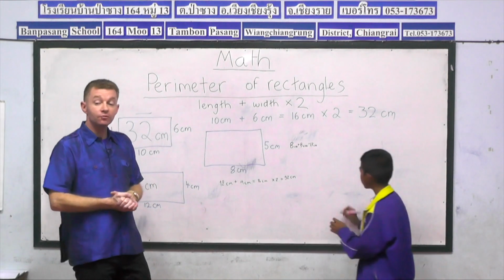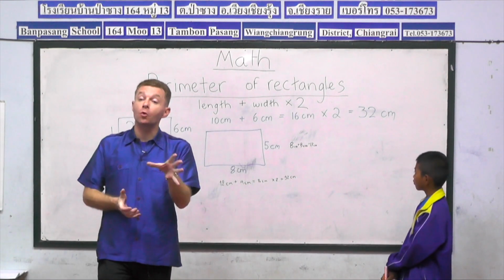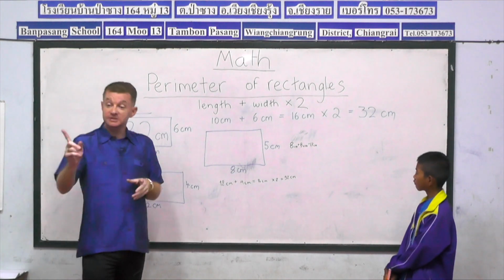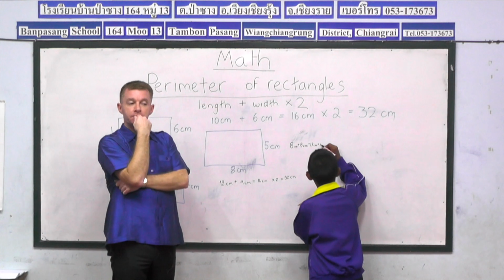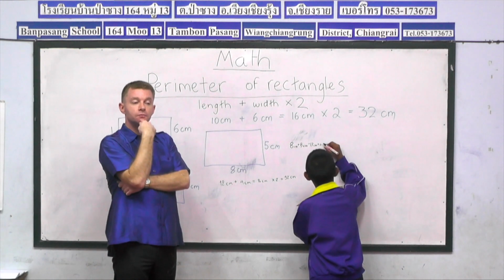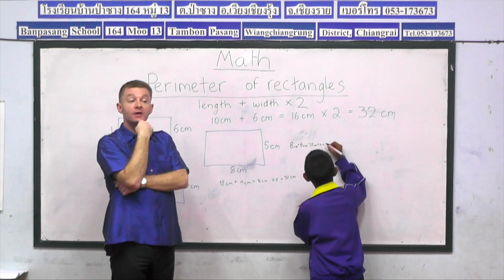Okay, so what does Pat need to do next to work out the total perimeter? Times 2. We take 13 and times it by 2. 13 times 2? 26.